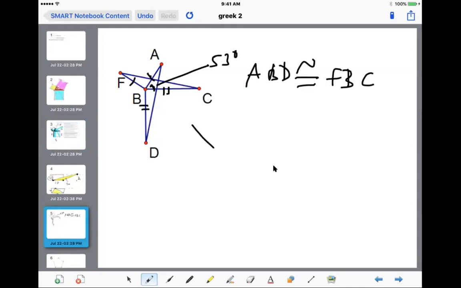I'm making that up. If you don't mind, I'm going to separate the two triangles because when they're overlapping like that, it's kind of hard to see.